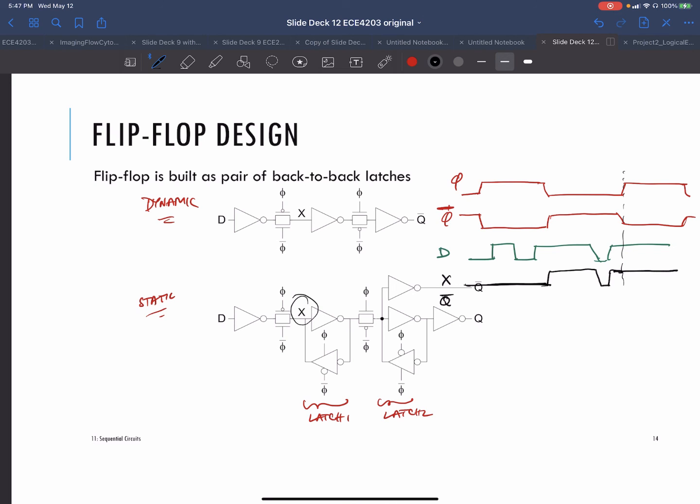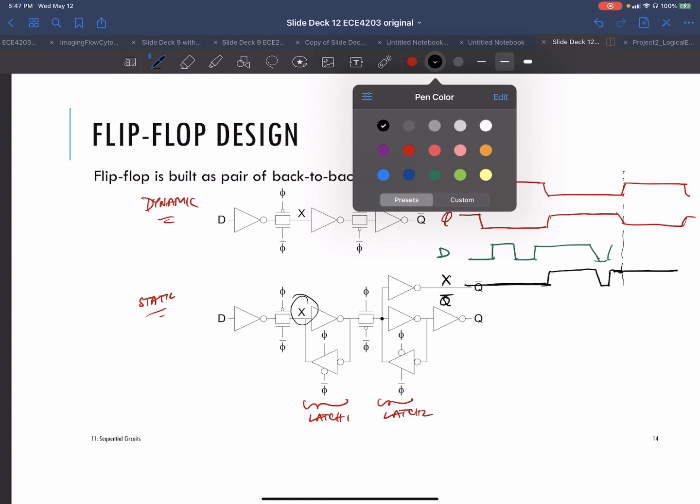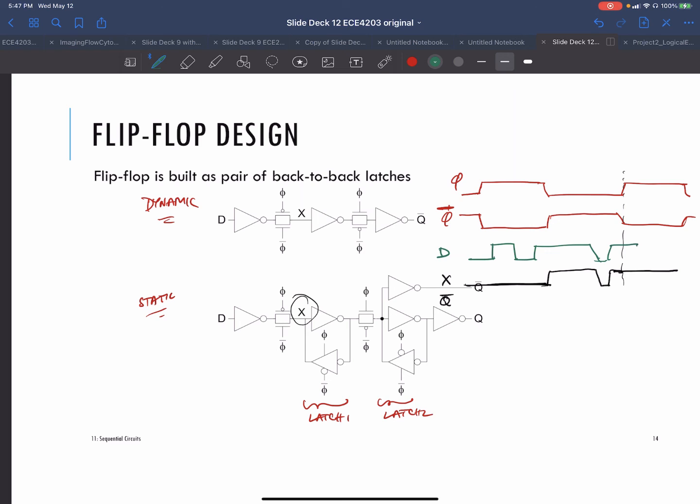So it doesn't matter if D changes in value after that, because here and here, for these, X is cut off from the input.